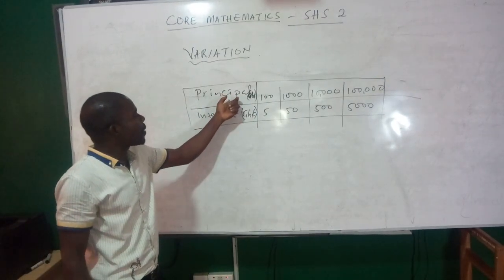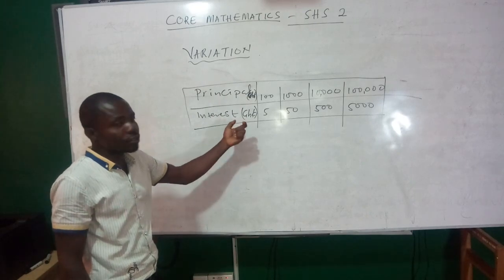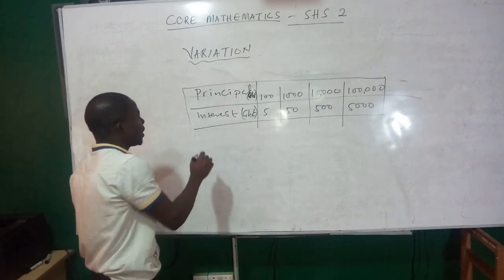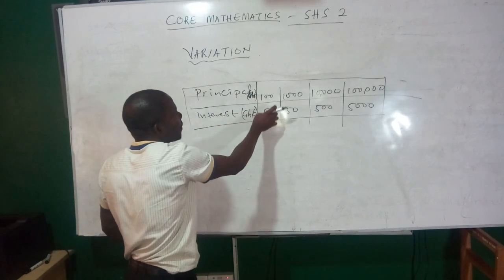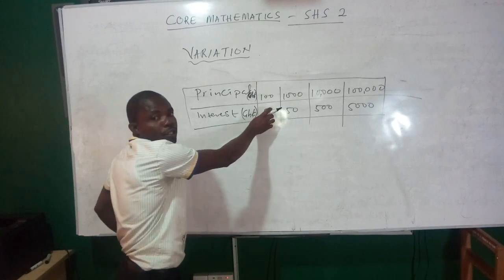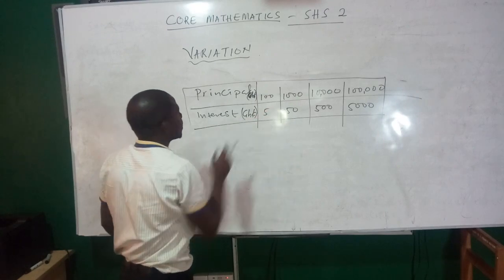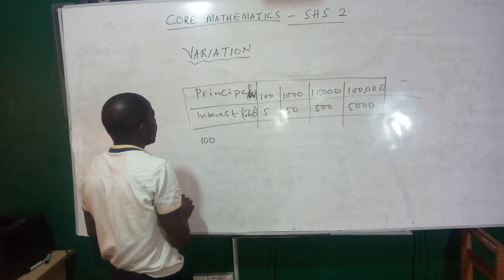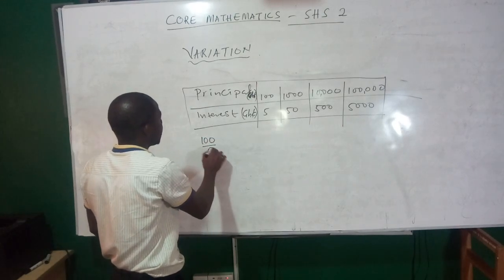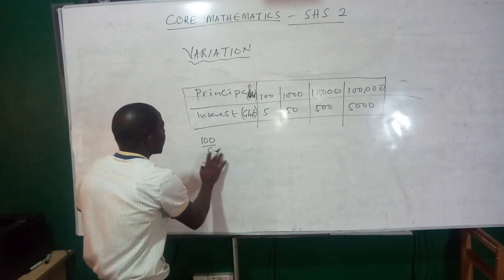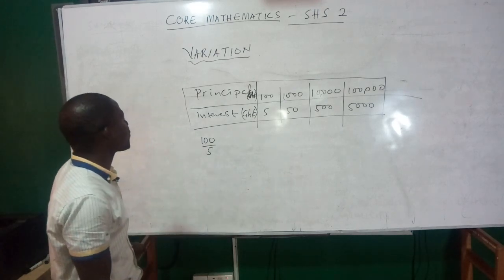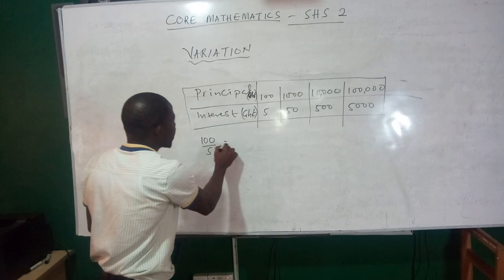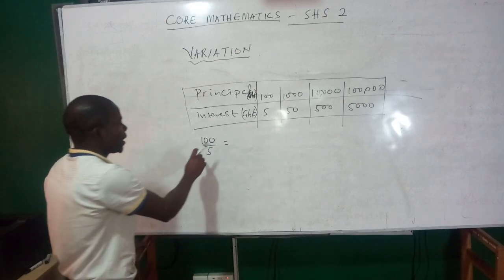Looking at the principal and the interest, let's divide the first principal by its corresponding interest. 100 divided by 5 will give us 20.